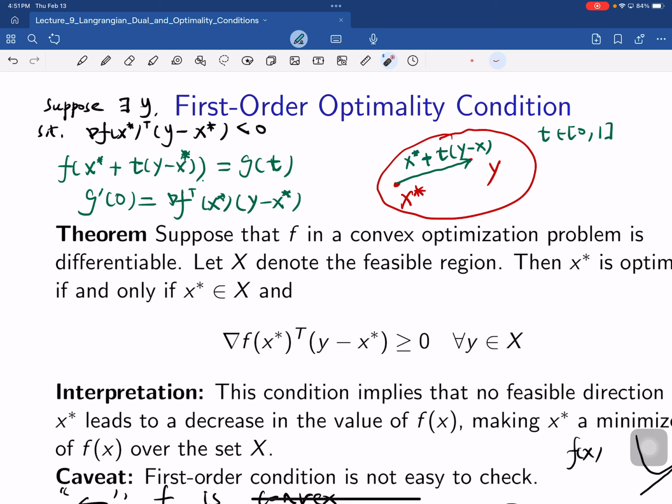By assumption, this is less than 0, so the derivative of g at t equals 0 is less than 0. If you move t from 0 to a slightly bigger number, g of t will decrease because its derivative is less than 0. So in the neighborhood of x star, there is some value that is even smaller than f(x star).